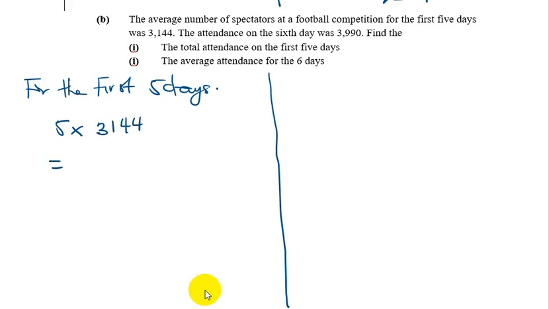When you multiply 5 times 3,144, we are getting 15,720 spectators for the first 5 days. Is it clear? And we were told that on the 6th day, the number was 3,990.